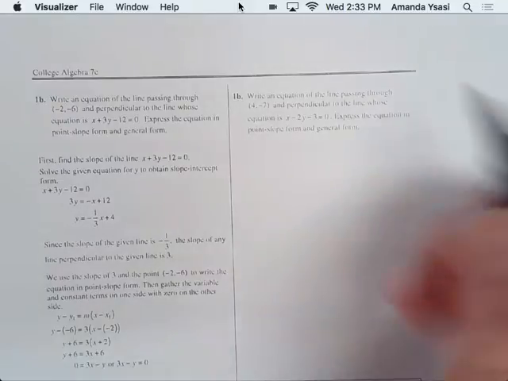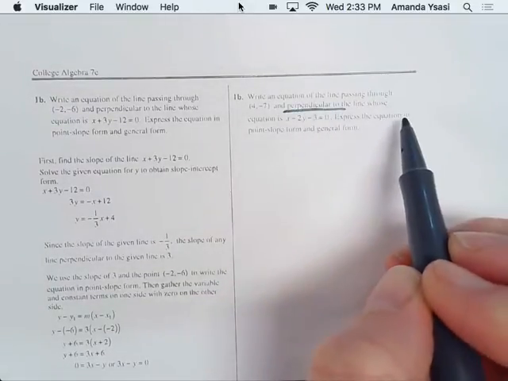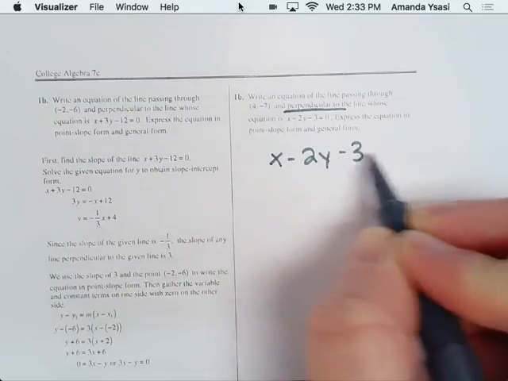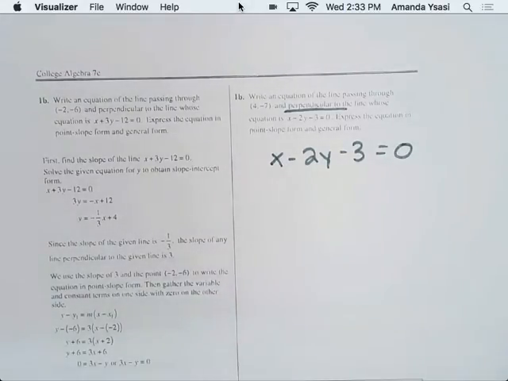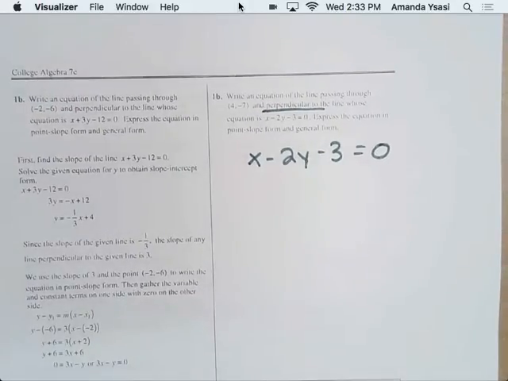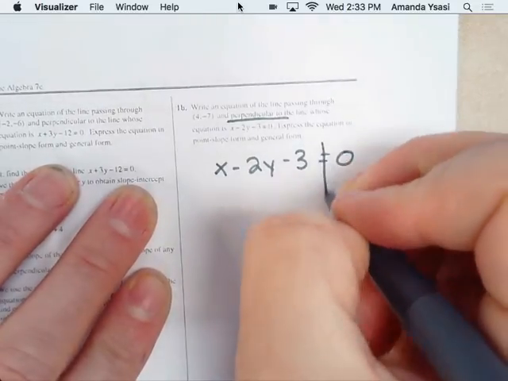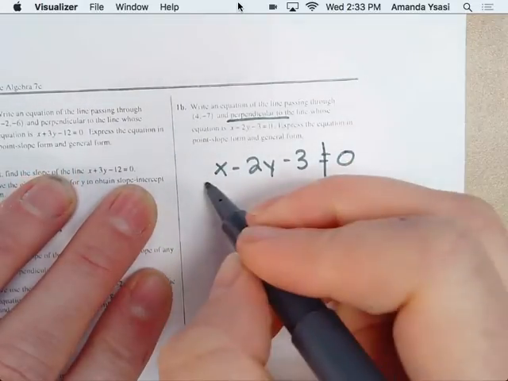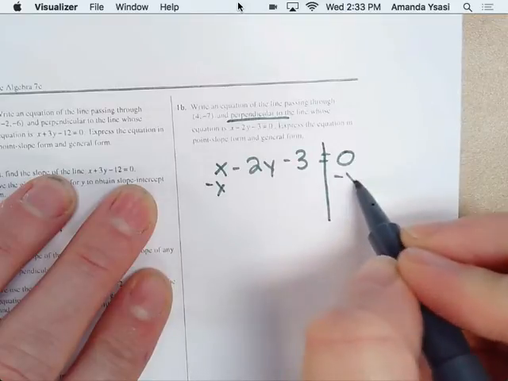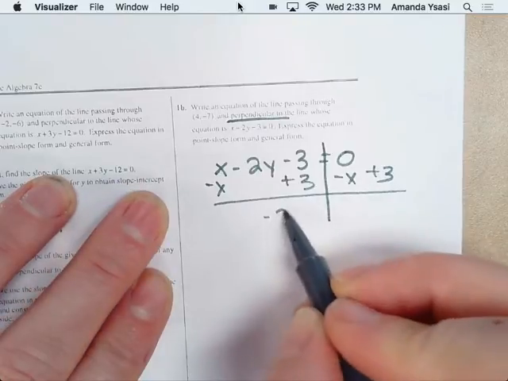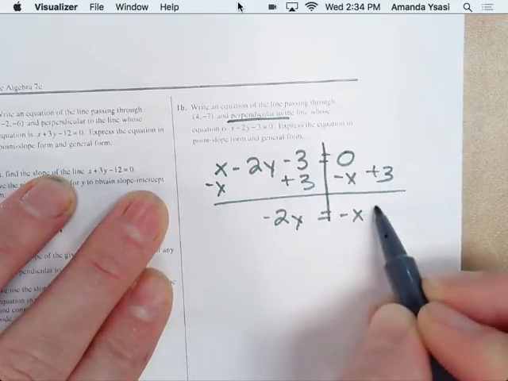Write an equation of the line that's perpendicular to the line whose equation is x minus 2y minus 3 equals 0. So in order to be perpendicular, it has to be the opposite reciprocal. So we need to find what the slope is here, though. We don't know what that is. So we need to solve it for y. So subtract x and add 3. -2y equals -x plus 3.